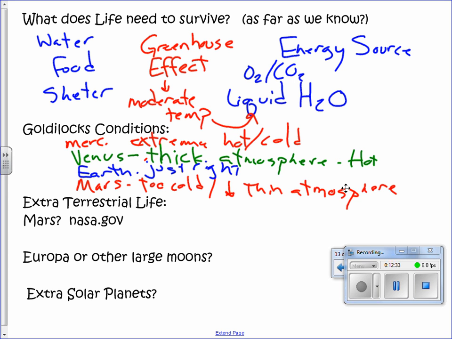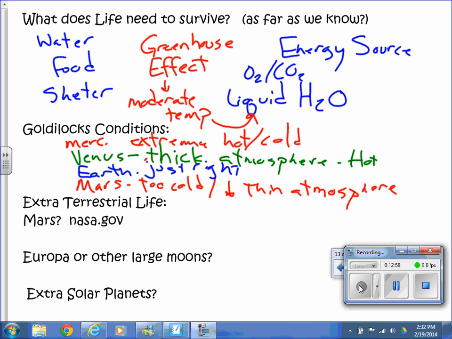It's not too hot, it's not too cold, it's just right, which is kind of silly, right? But it's a good way to think about it because Earth is at this interesting distance from the sun that it's not too hot, it's not too cold. We can have liquid water and water vapor and ice all in the same atmosphere because there's the right amount of temperature and pressure.